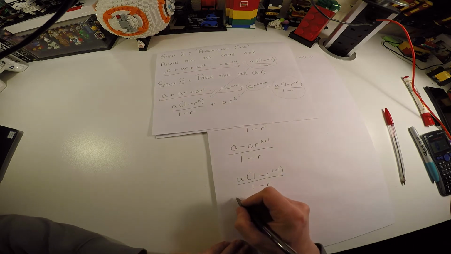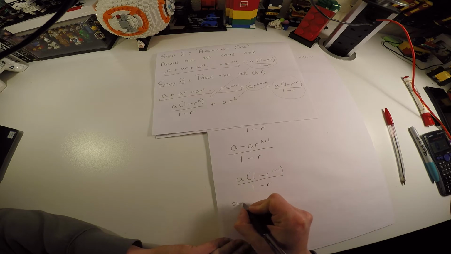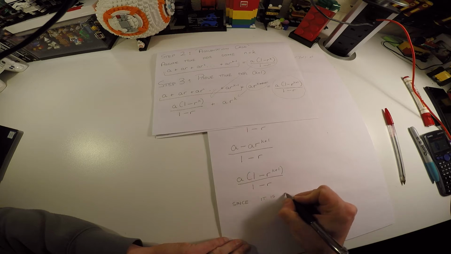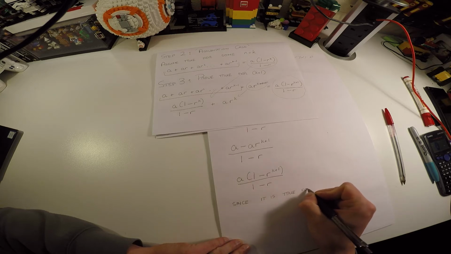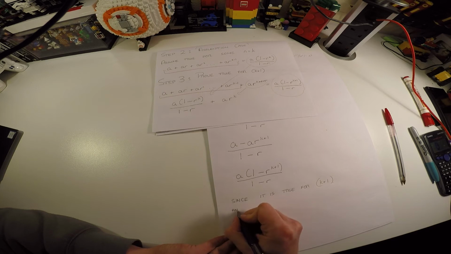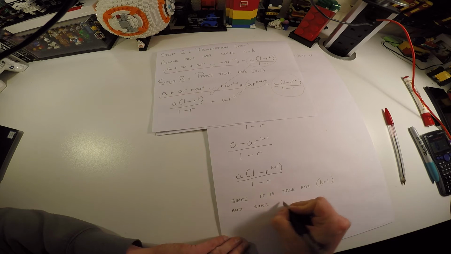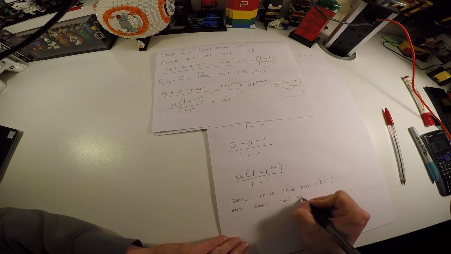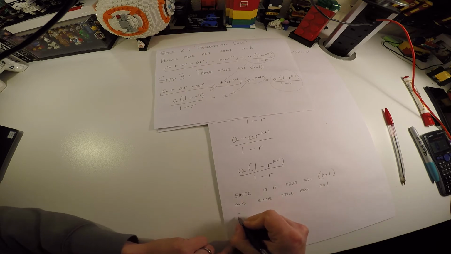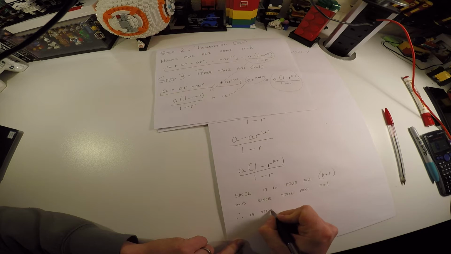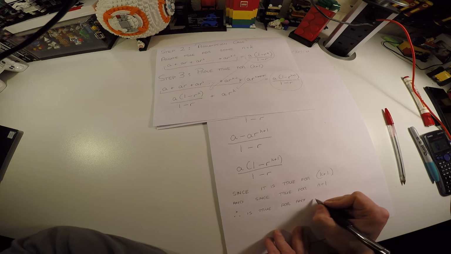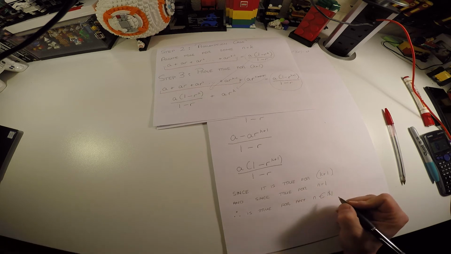So what we can say now is, since it's true for the k plus 1, since the proposition is true for that, and since it's true for n is equal to 1, you can say therefore it is true for any n, an element of the natural numbers, because they're terms, so it's the first, second, third.